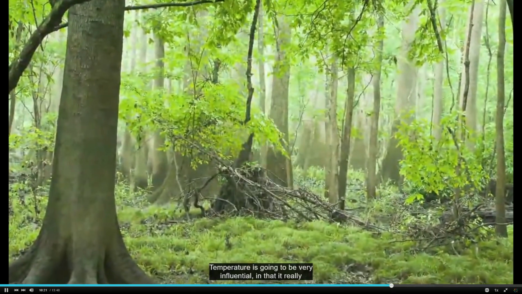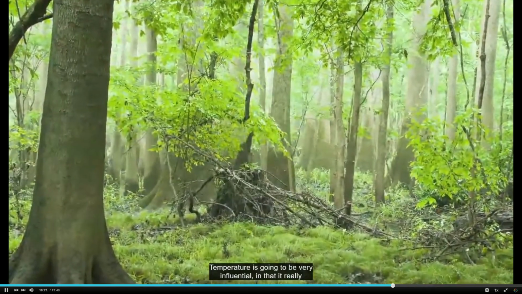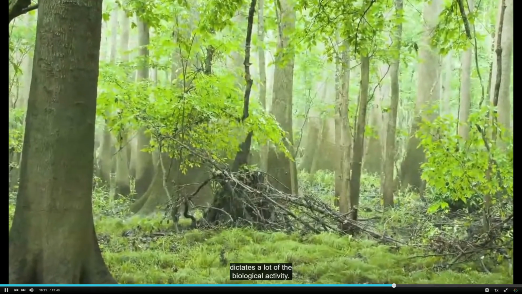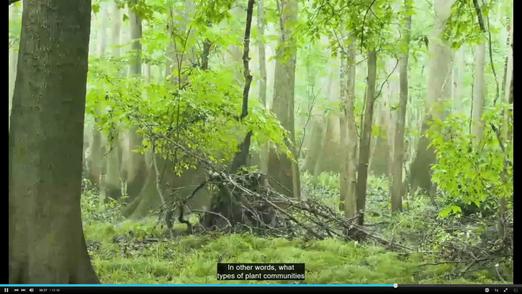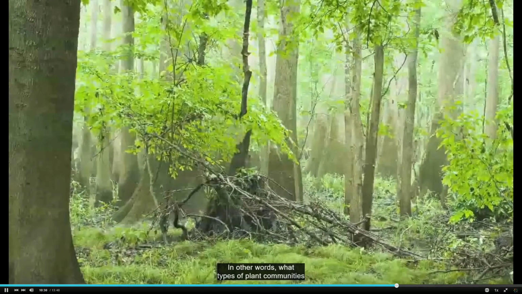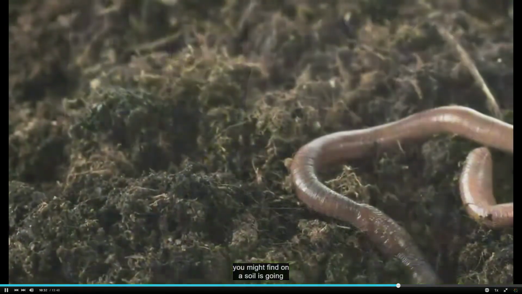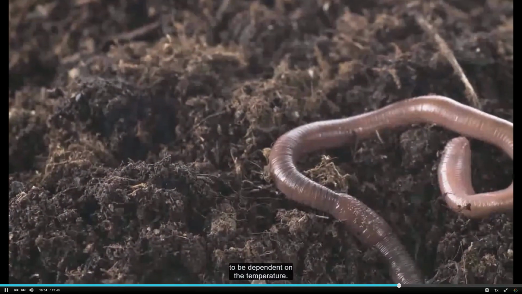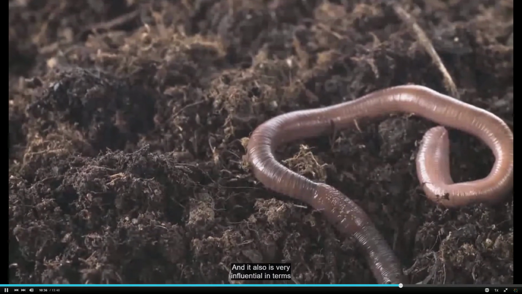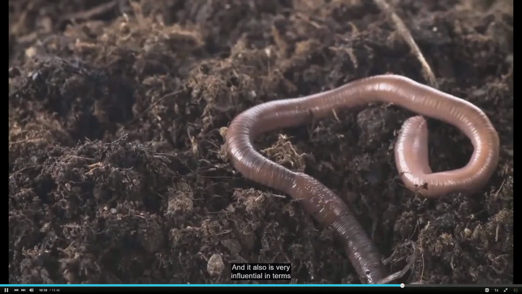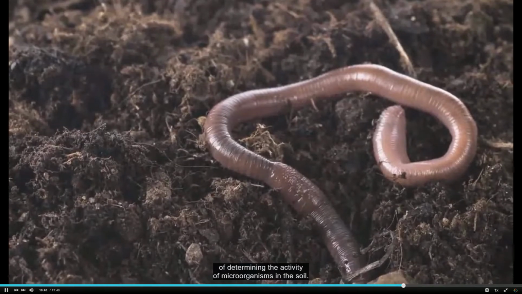Temperature is going to be very influential in that it really dictates a lot of the biological activity. In other words, what types of plant communities you might find on a soil is going to be dependent on the temperature. And it also is very influential in terms of determining the activity of microorganisms in the soil.